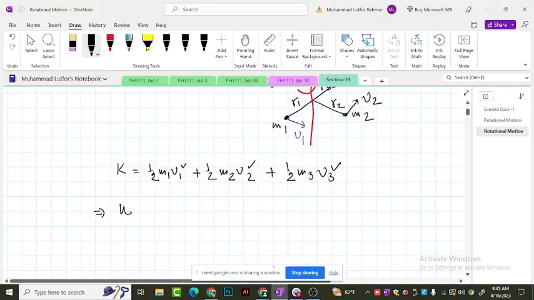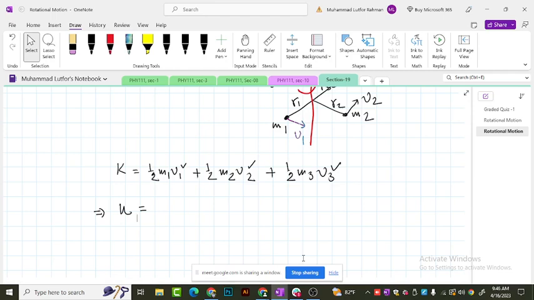Fine, then I know there is a relation between the linear speed and the angular speed. We define v as omega r. That is the relation between the linear speed and the angular speed, right?